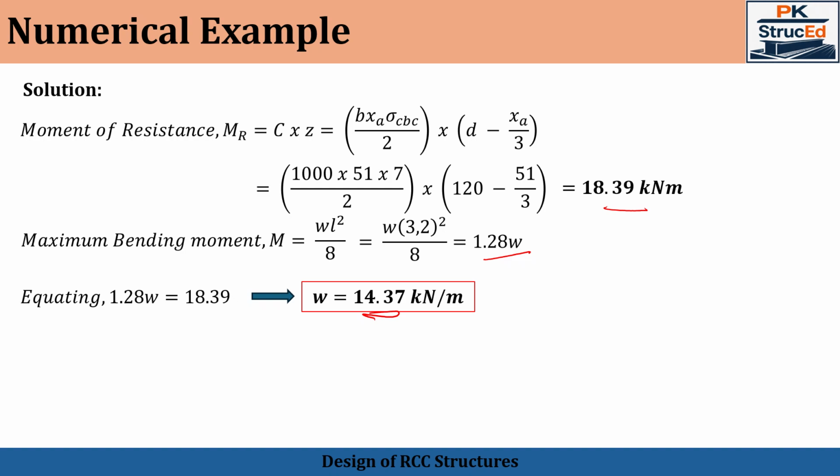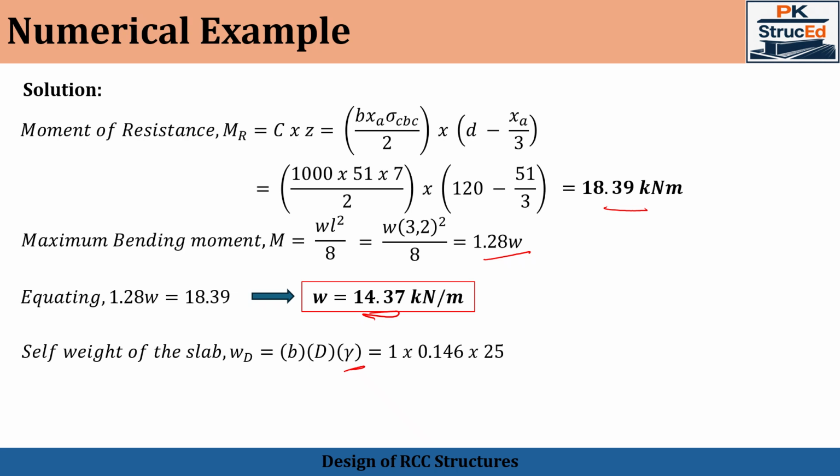Again, the self weight has to be calculated. The self weight of the slab will be B into D into the unit weight of the concrete. In this case, B is 1 meter length only that we are considering, that's why B has been taken as 1. Capital D is the overall thickness of the slab, while the small d has been given as 120 mm.